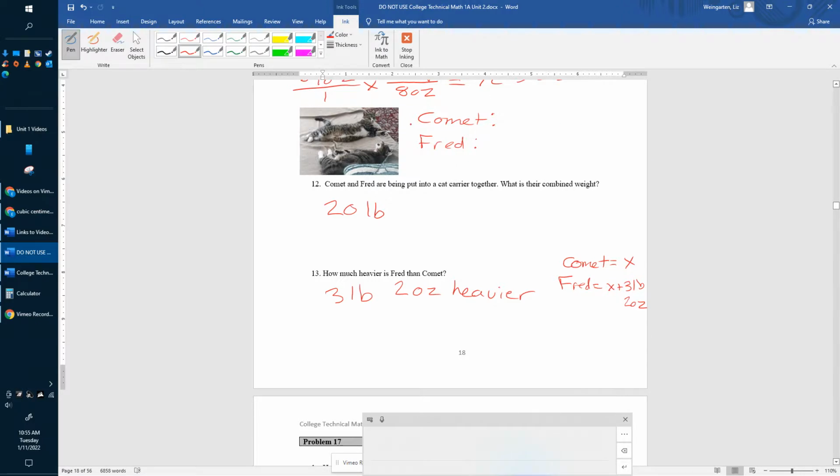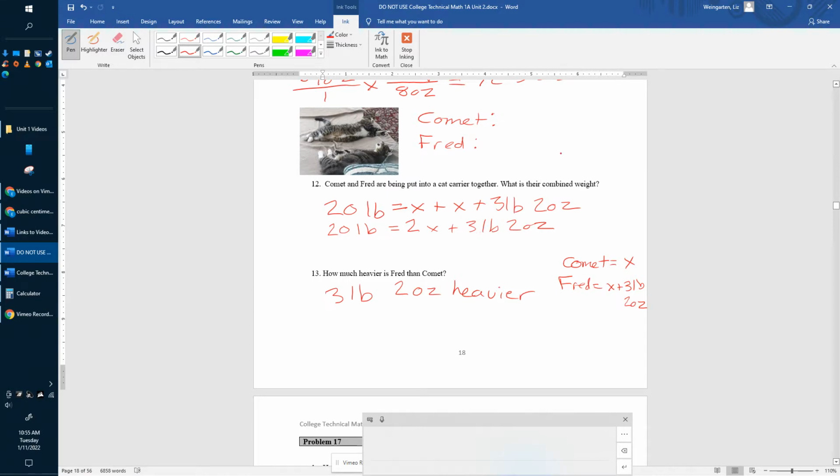We know that their combined weight is 20 pounds. So 20 pounds equals X plus 3 pounds 2 ounces. Let's combine our like terms. What is 20 pounds minus 3 pounds 2 ounces?